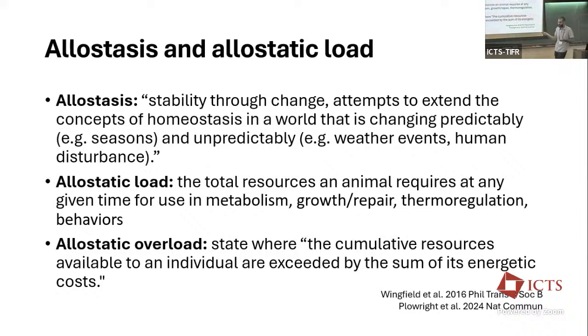So that includes metabolism, growth and repair, thermoregulation, any of the behaviors that it normally does in terms of foraging, mating, and other reproductive activities. So it's the well of resources that an animal has at its disposal to do the things it needs to do.